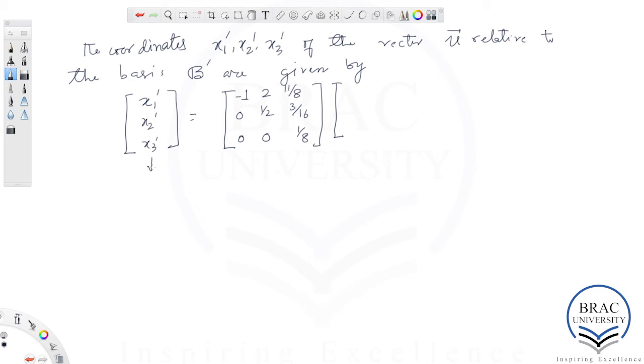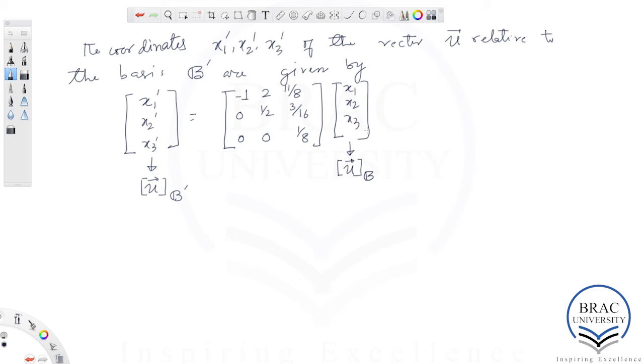this guy, which is the coordinate matrix of the vector u relative to the basis B prime. And this vector is going to be the coordinate matrix of the same vector u relative to the unprimed basis B, which we denote by x1, x2, and x3.